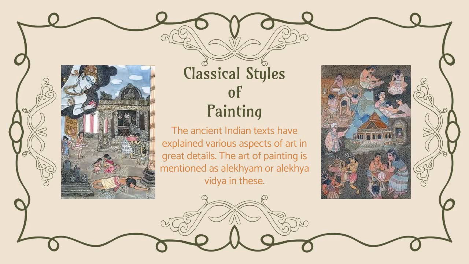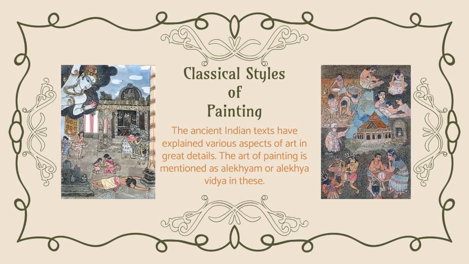The art of painting is mentioned as Alekhya Vidya. In these texts, it is said to have six main aspects known as Shadanga. The ancient Indian scholars studied these six aspects very minutely.